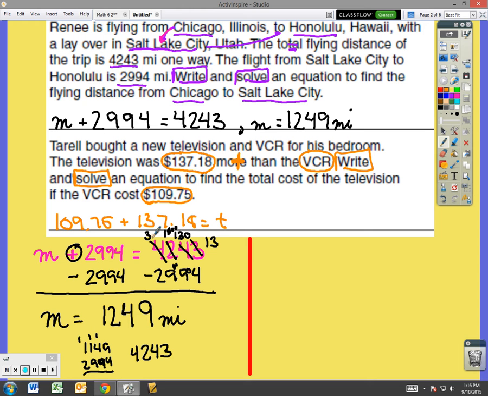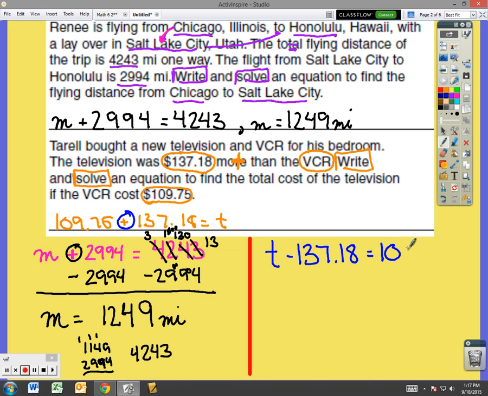But just like we did the last problem, we can do the inverse of this to figure out the answer. Well, the inverse, the opposite of addition, is subtraction. Now, what am I going to subtract here? I could subtract from the total cost of the TV, which we don't know, $137.18, and I will get the cost of the VCR.